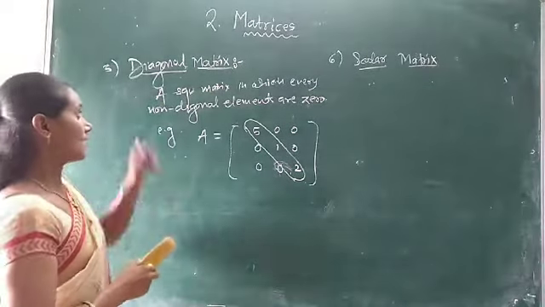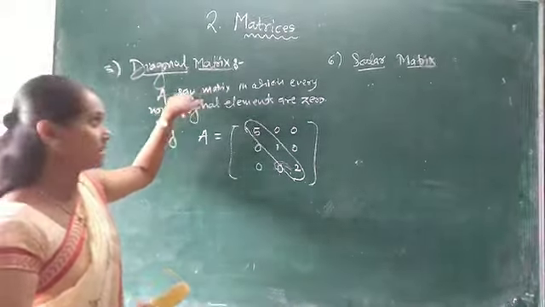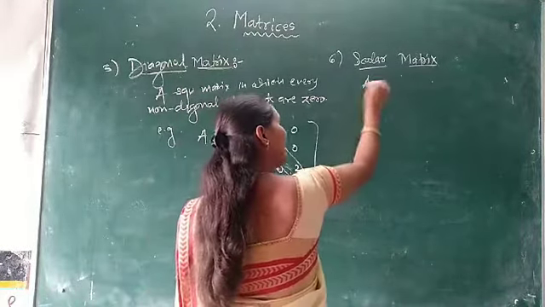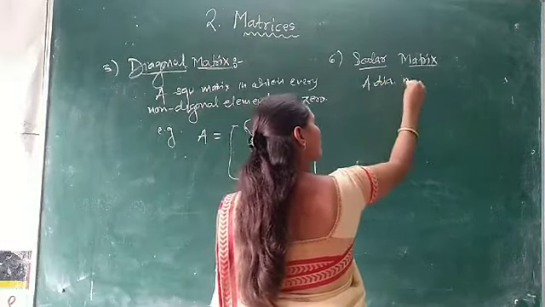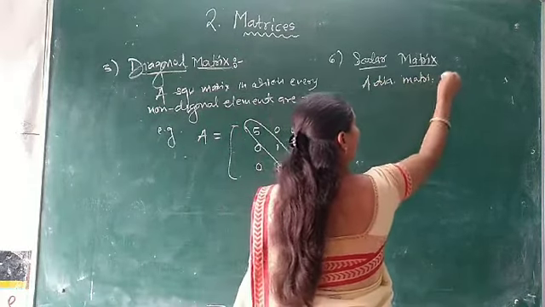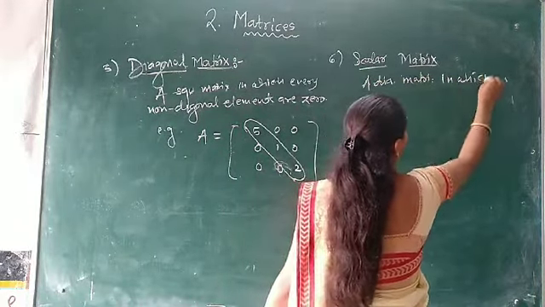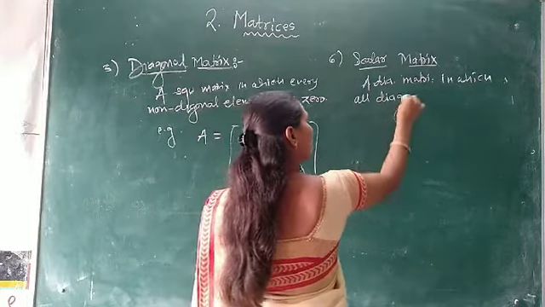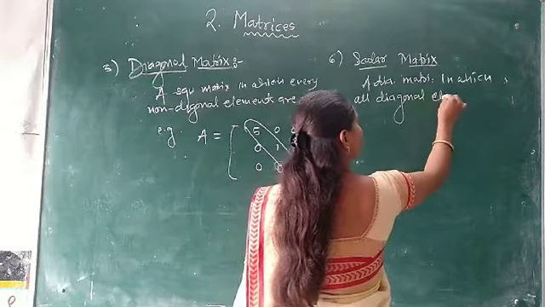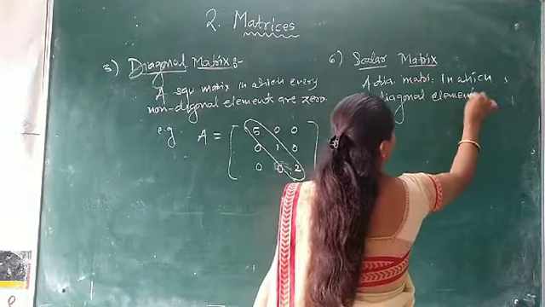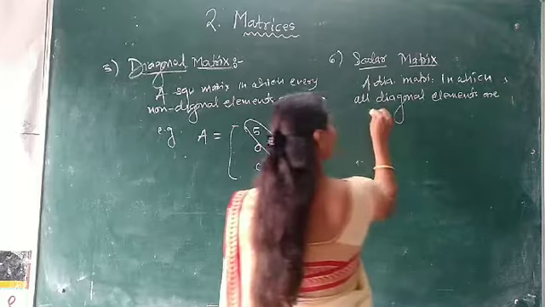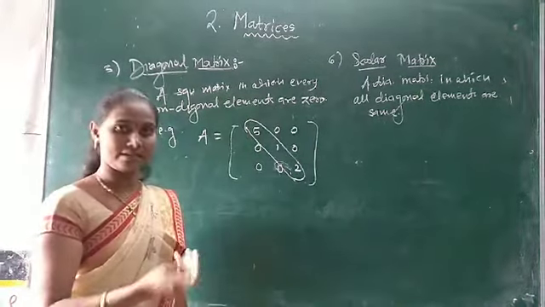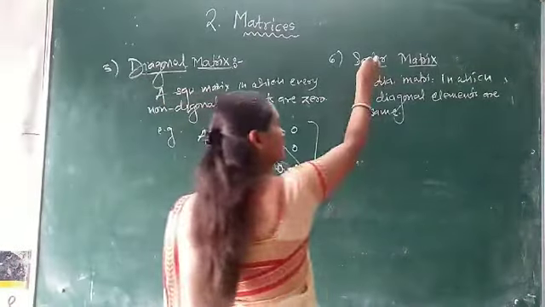Remember that a diagonal matrix is a square matrix and a scalar matrix is a diagonal matrix. A diagonal matrix in which all diagonal elements are the same is called a scalar matrix.